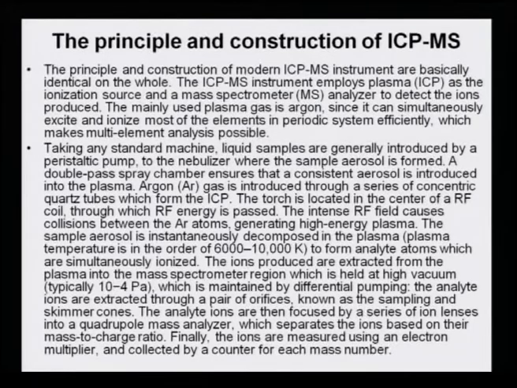The ICP-MS instrument employs plasma, that is the ICP, as the ionization source and a mass spectrometer, MS, analyzer to detect the ions produced. So, basically it is a machine which has a plasma, that is why the name ICP, and it has a mass analyzer, that is why the MS nomenclature.